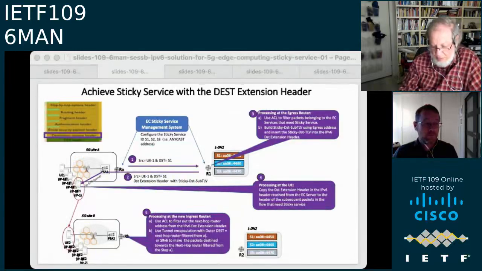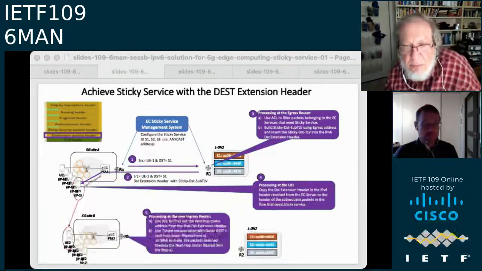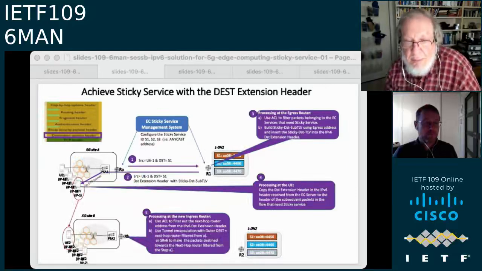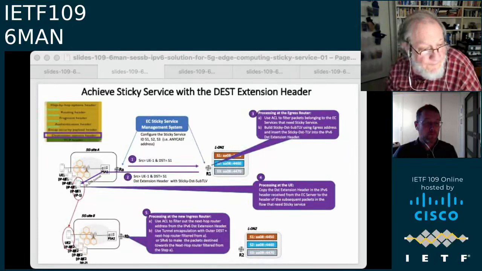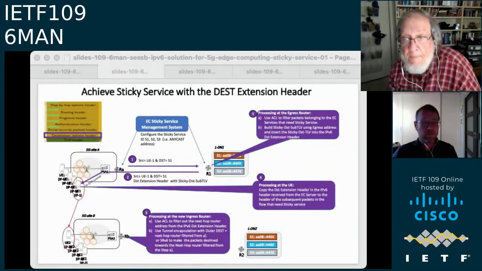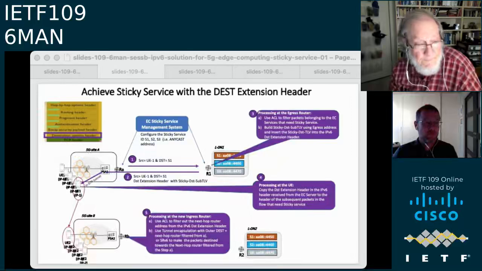Then the traffic comes back to the UE, and the UE has the expected behavior to copy the destination extension header from the received packet to the subsequent packets for the services and for the flows that need to be sticky.